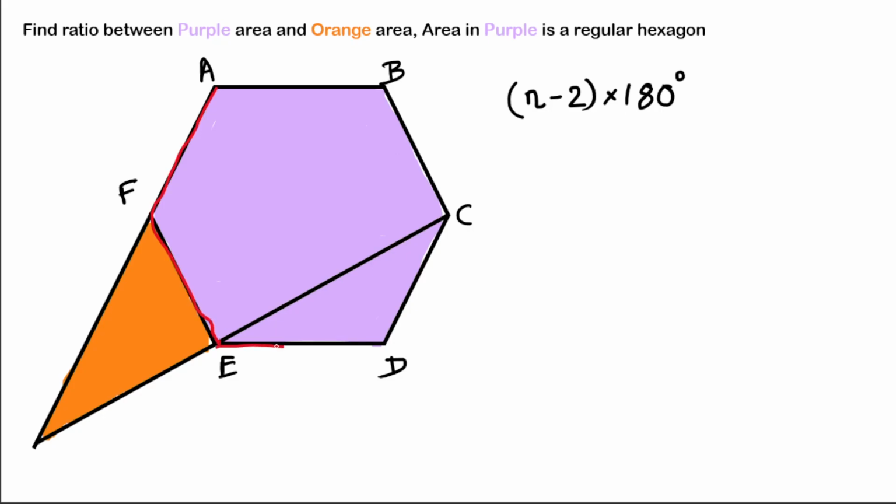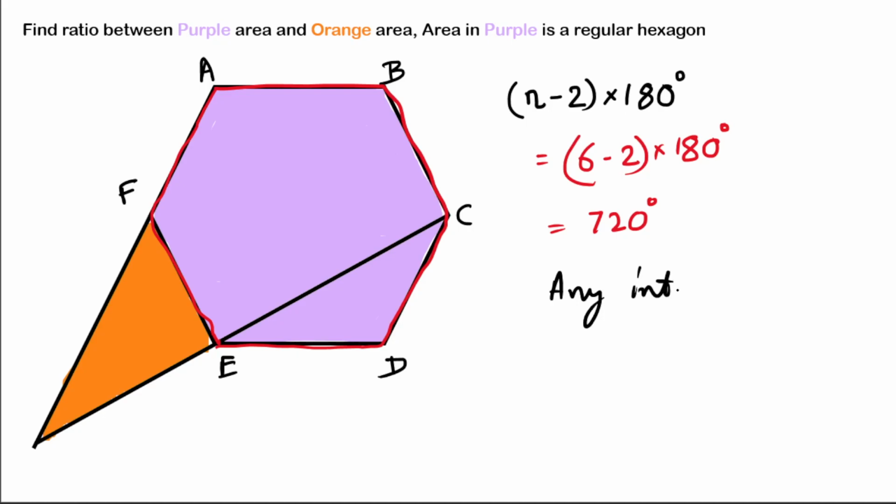For this hexagon, the internal angle summation would be (6 minus 2) times 180 degrees. This comes out to be 720 degrees. Now because it is a regular hexagon, any internal angle will be 720 degrees divided by 6, that is 120 degrees.